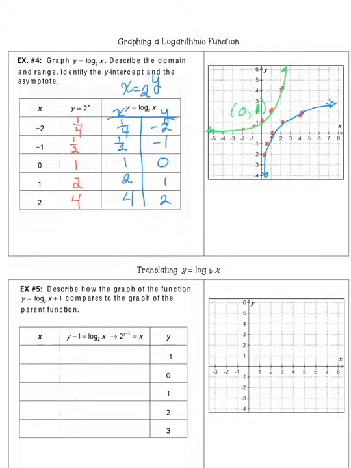And I have these both on the same graph for a reason. They are, and again, if you recall, inverses are reflections over the y equals x line. So I'm going to draw the y equals x line in here. And I think I'll use yellow.